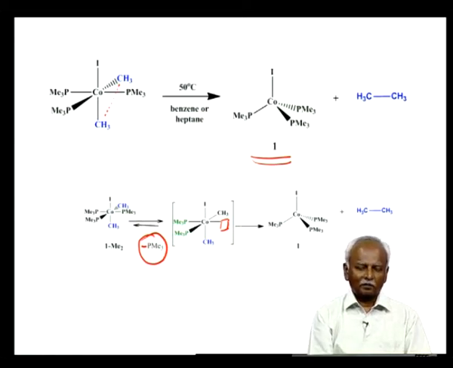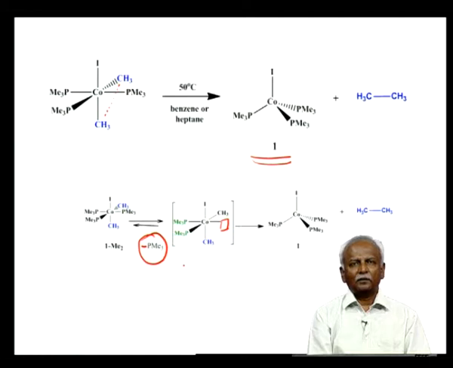This is in fact strange. In the previous instance, we said the two groups which are reductively eliminating, one group comes out first and leaves a vacant coordination sphere. That was what we learned from microscopic reversibility. But in these cases, it is a third group, the one which is not added, methyl iodide was added, but a PMe3 which is a spectator ligand has to leave the coordination sphere of the metal and generate a 5 coordinated intermediate.